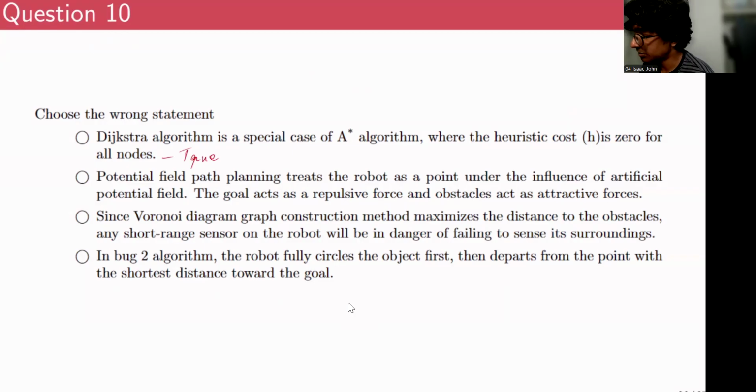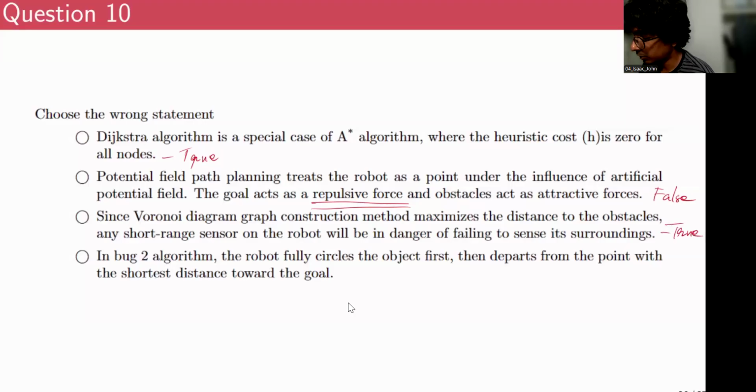The goal acts as repulsive force. So goal is actually always attractive. So that is also false. The third statement is since Voronoi diagram graph represents a method maximizes the distance to the obstacles, any short range sensors on the robot will be in danger of failing to sense surroundings. That is true.